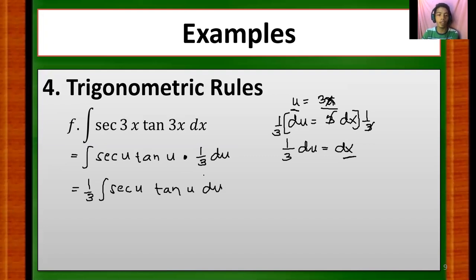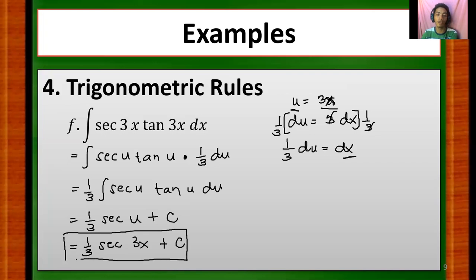At sa formula natin, ang integral ng secant u tangent u du ay secant u plus c. So I have 1/3 secant u plus c. So I have 1/3 secant of, ano ba ang u na ginamit dito? 3x, and then plus c. So ito na po ang ating antiderivative.